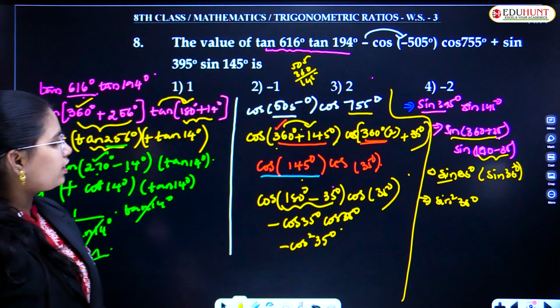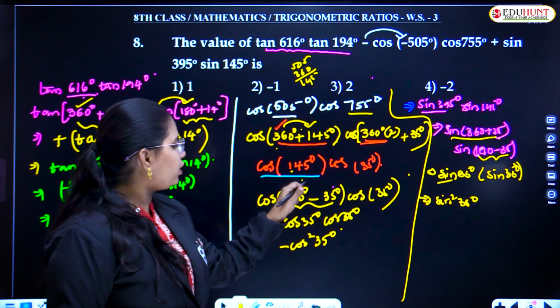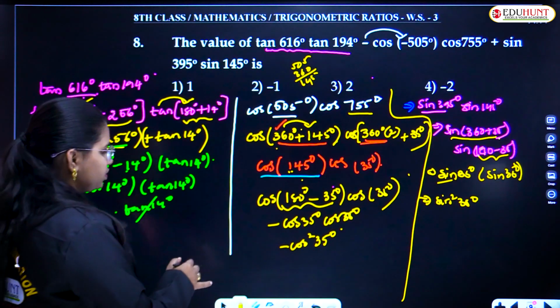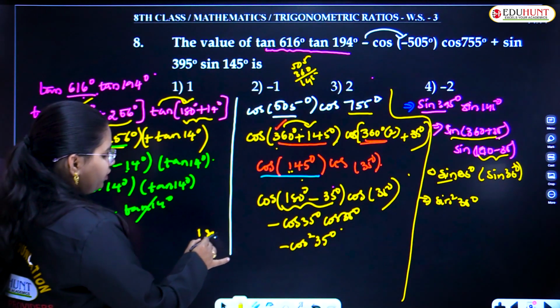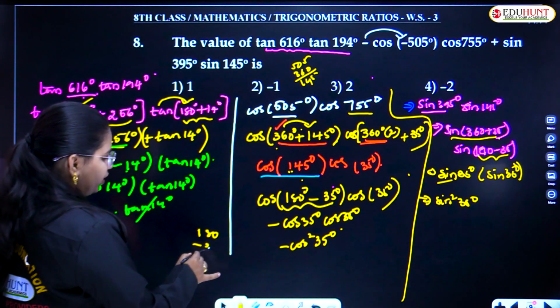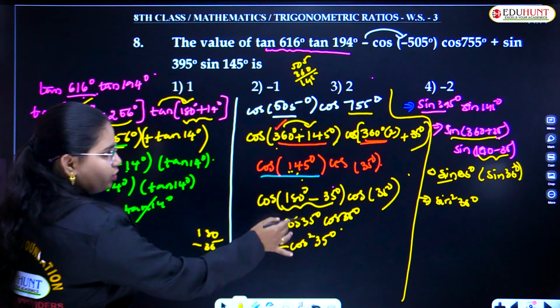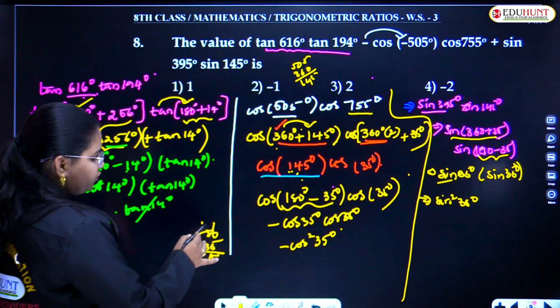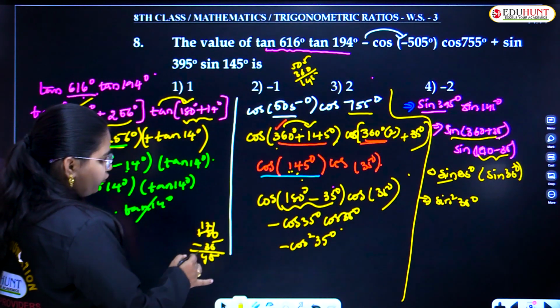See here it is 145, a small modification. 145 can be written as 180 minus 35 degree. 10 minus 5 is 5, 17 minus 3 is 14.